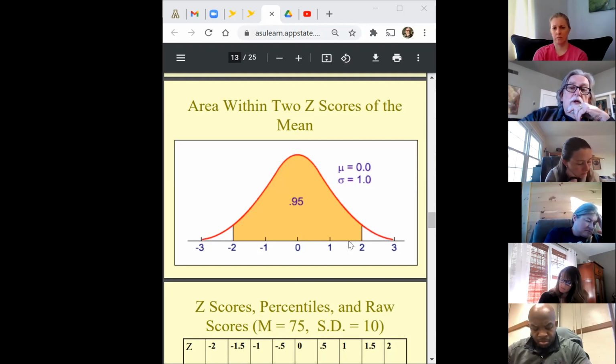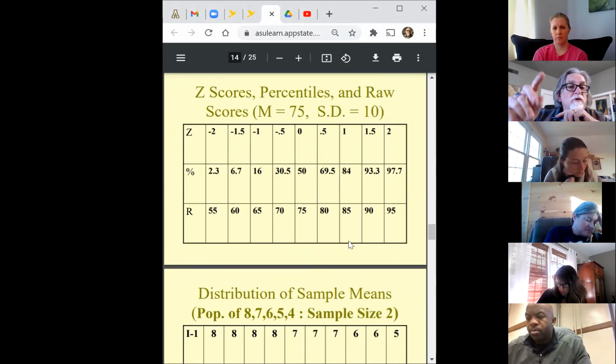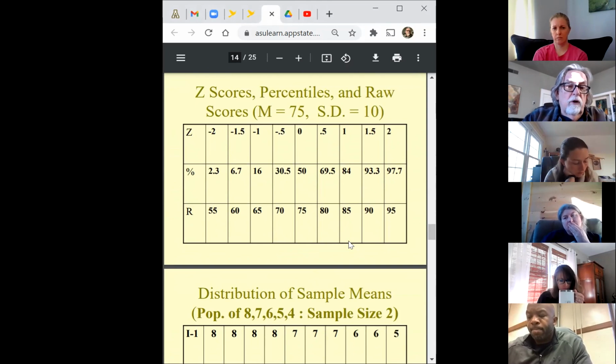Or if we go down and look at raw scores, 75 and 10, the raw score values to represent the middle 95% of the curve for this test would be 55 at -2 as the bottom end, and 95 at +2 as the top end.